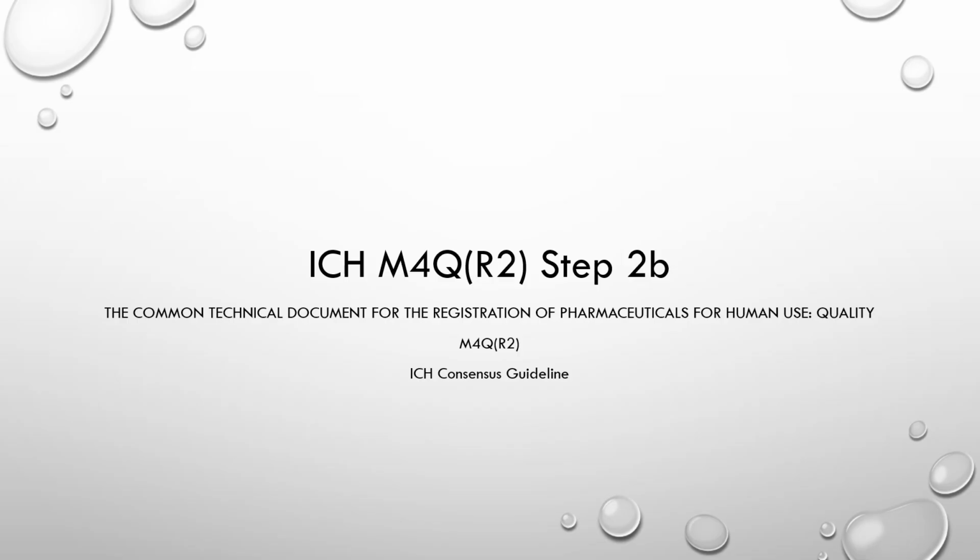So this is the common technical document for the registration of pharmaceutical products for human use. And this is in a guidance document that's currently draft, but it's really exciting because it's updating the CTD dossier, which has been around for a very long time and does need to be updated to reflect current technology and current advances in medicines.